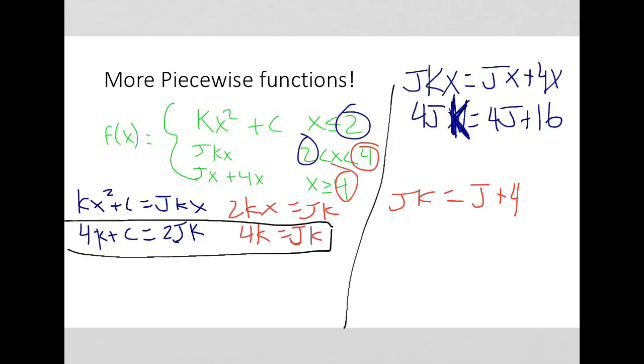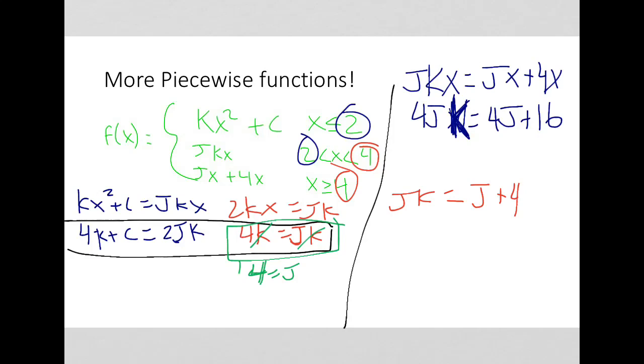So you might be like, well, what do I do now? But what I want you to recognize is that look back at this equation over here. We have 4k equals jk. So how about we divide by k on each side to get 4 equals j.